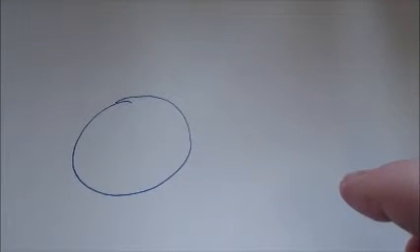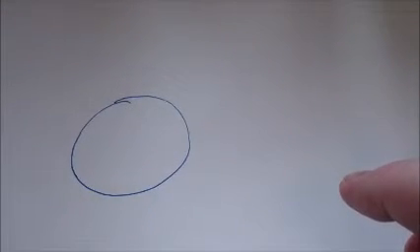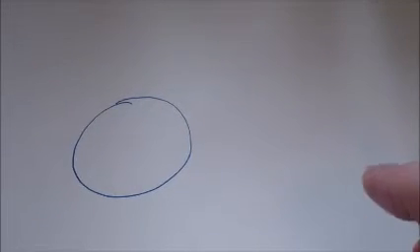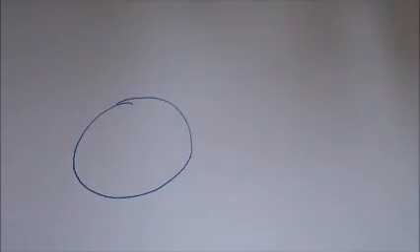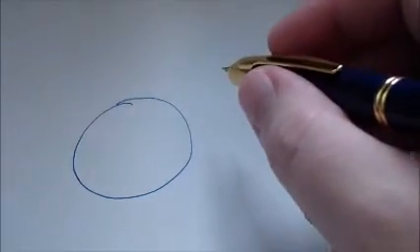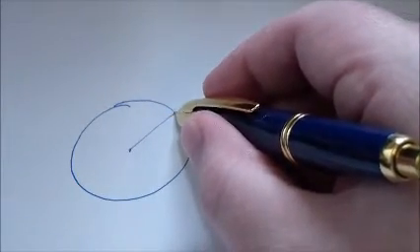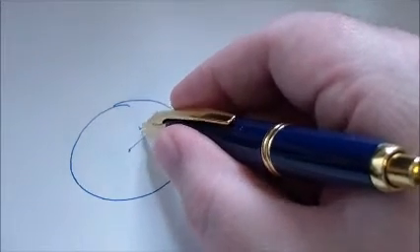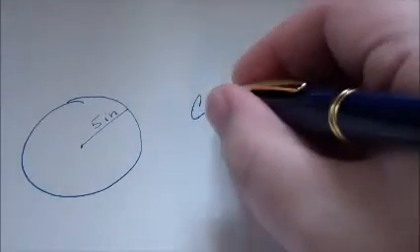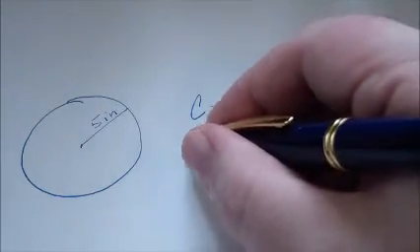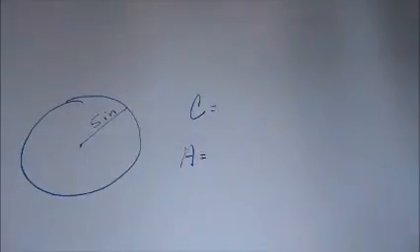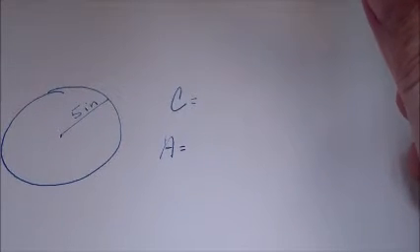Okay. Now, in these particular cases, we will need a calculator. So you should have a calculator in hand. Let us say that we are given a radius. Now let's say the radius is 5 inches. We would like to find the circumference and the area of this circle.